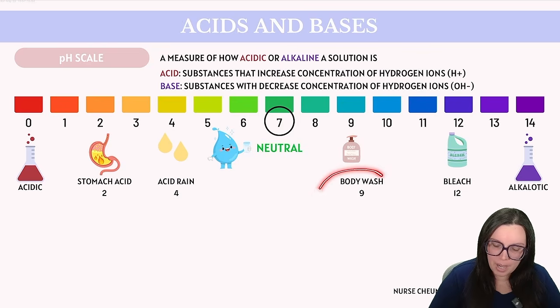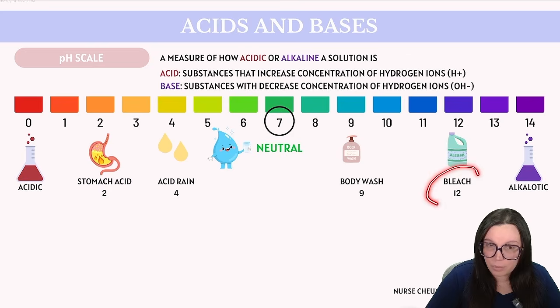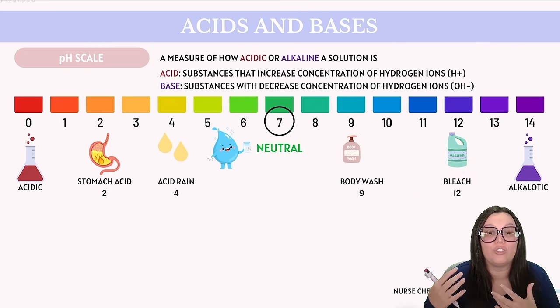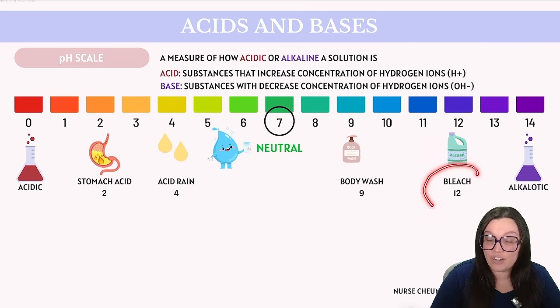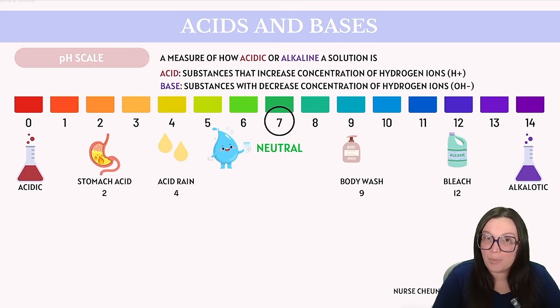Body wash typically has a pH of around 9, making it mildly alkaline. Bleach actually has a pH closer to 12, indicating that it is a very strong alkaline. I want you to keep in mind that examples like these are provided to help conceptualize the pH scale. You don't have to memorize these specifically when it comes to your ATI TEAS.